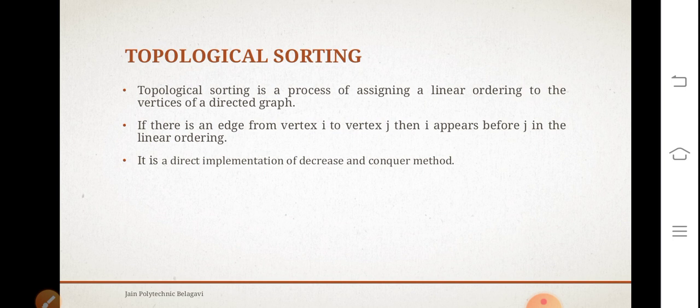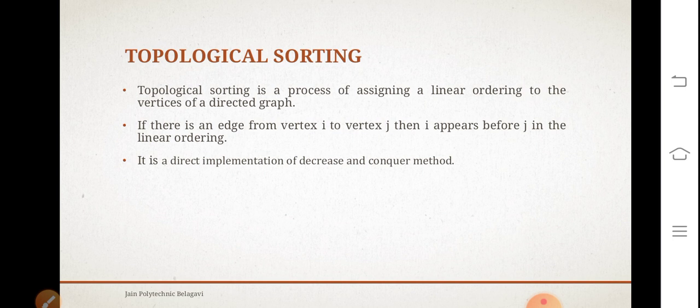Conversely, if a DFS forest of a digraph has no back edges, the digraph is a DAG, an acronym for directed acyclic graph.